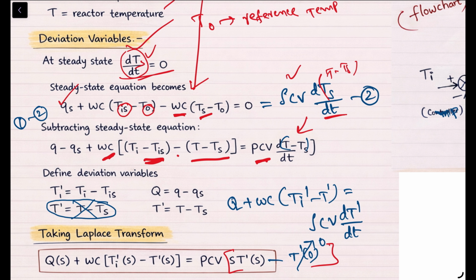Remember, we define deviation variables as the difference between the actual value and the steady state value, written as T dash, Q dash. Substituting these deviation variables into the energy balance equation gives the final transfer function.